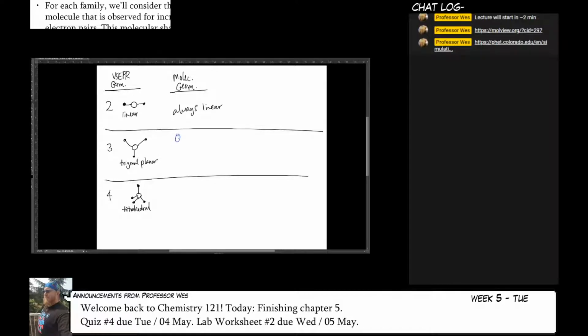So if I have 0 electron pairs, then my structure looks the same, and the molecular geometry and the VSEPR geometry are the same. But if I have one electron pair, I get a new shape.